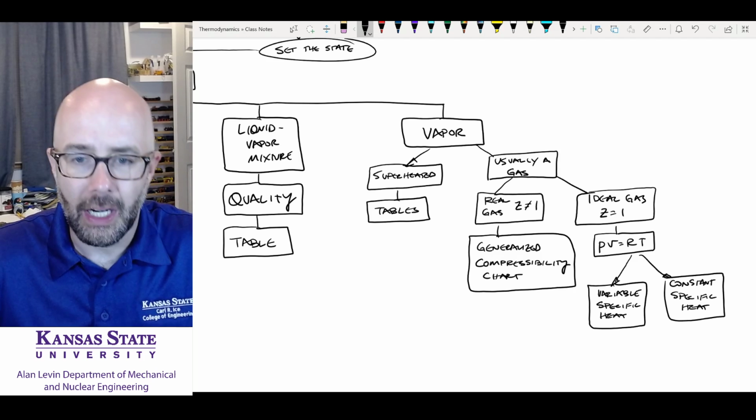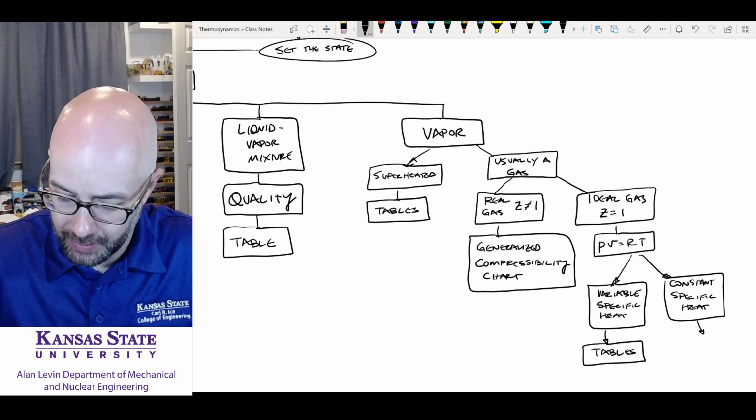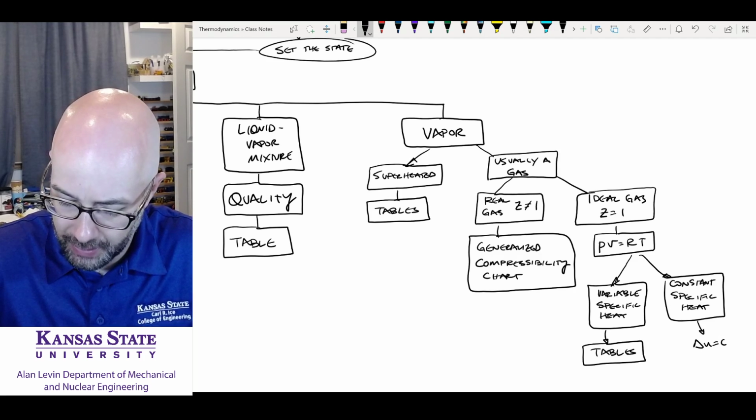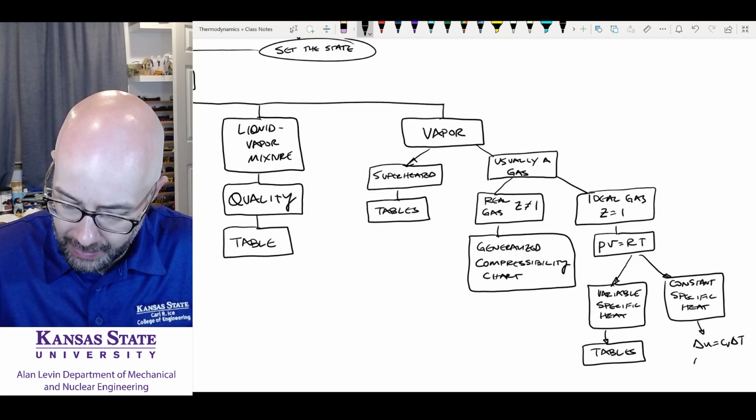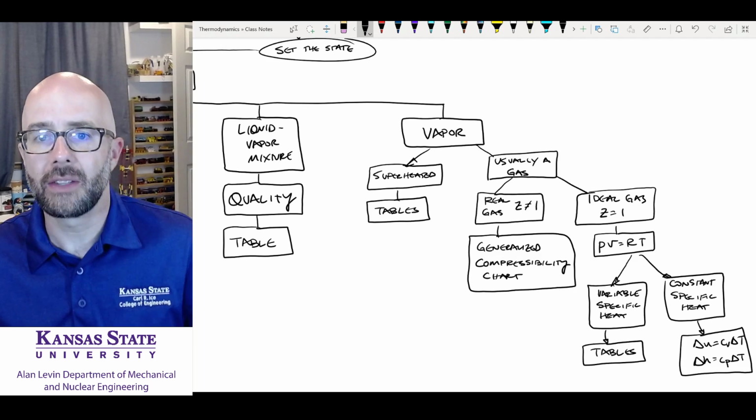And if we're doing variable specific heat, what do we use? The tables. And for constant specific heat, we're going to say that delta U is equal to C sub V delta T, and delta H is equal to C sub P delta T. Okay, that's how this goes.